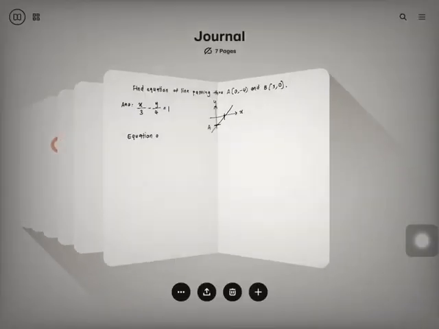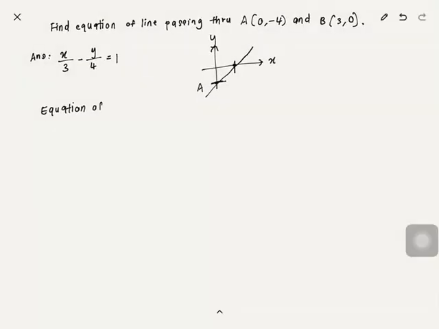And next, to represent or to find the equation of a straight line, what do you need? You actually need two things. The first one is you need a gradient. And the second thing, you need a point on the line.